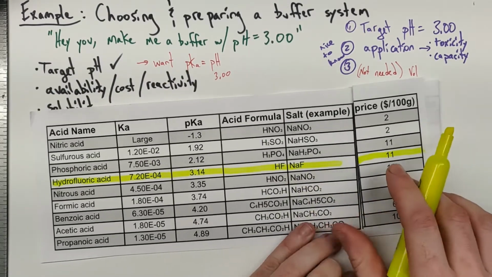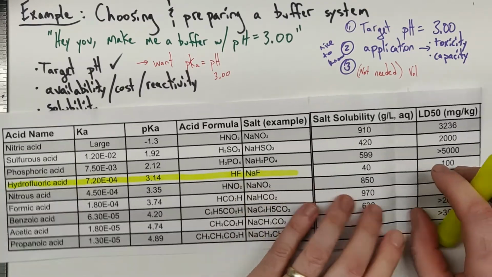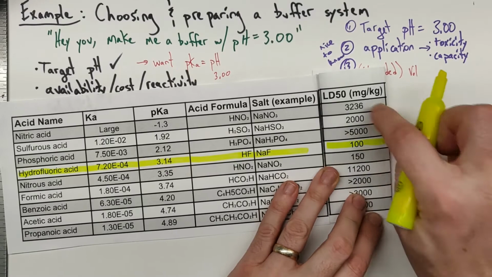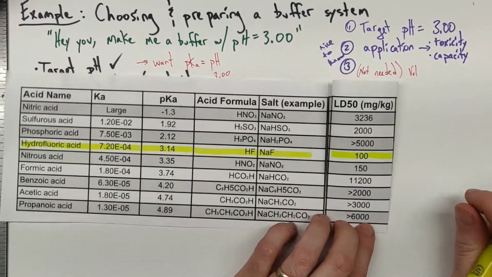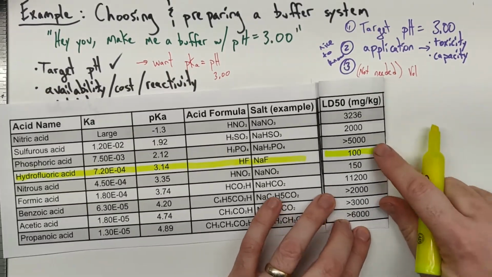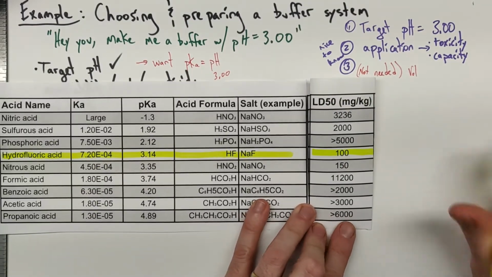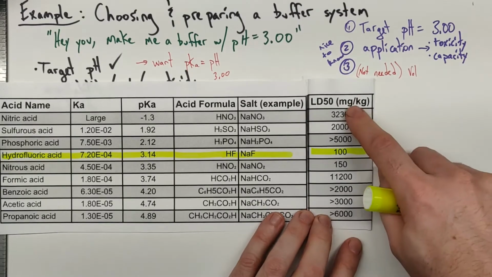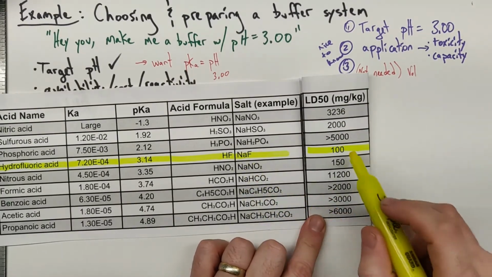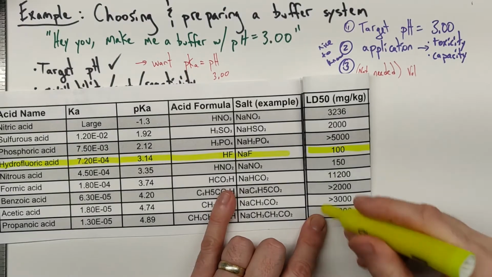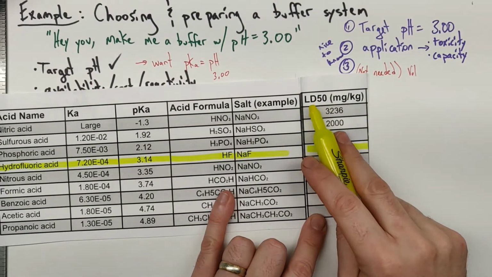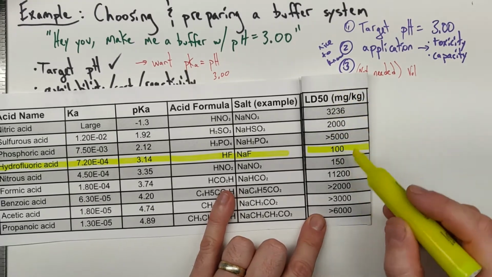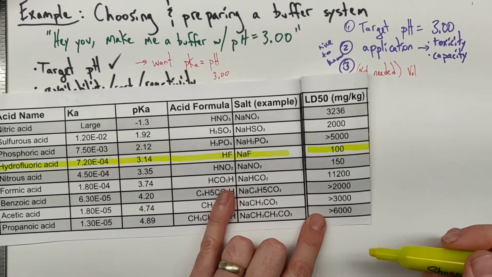NaF you can buy, but again, there's another huge factor, which is toxicity for HF, which is 100 milligrams per kilogram of body weight. And again, I pulled these numbers just from somewhere online. They may not be super accurate, but it's clear to see that some things are greater than the thousands of milligrams per kilogram, and if sodium fluoride has an LD50 of 100, the LD50 is just the mean lethal dose for half the population or whatever. That's not super important as long as you realize that that's a pretty small number relative to the other ones.